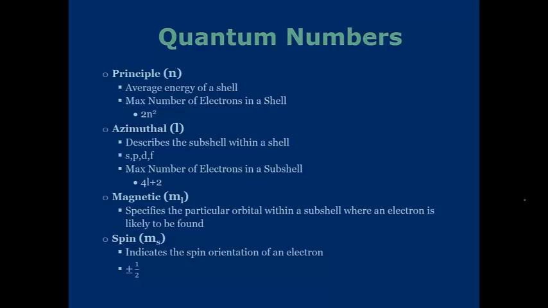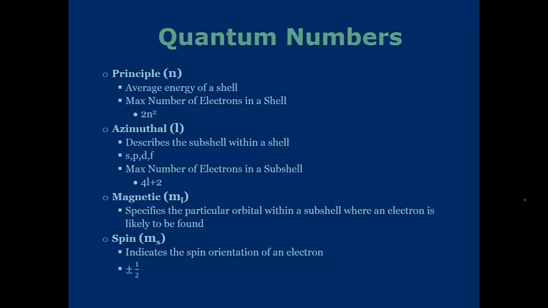The magnetic quantum number is the particular orbital within the subshell where an electron is likely to be found, and the spin is the orientation of an electron. A really good way to think of quantum numbers is to think of an apartment complex.